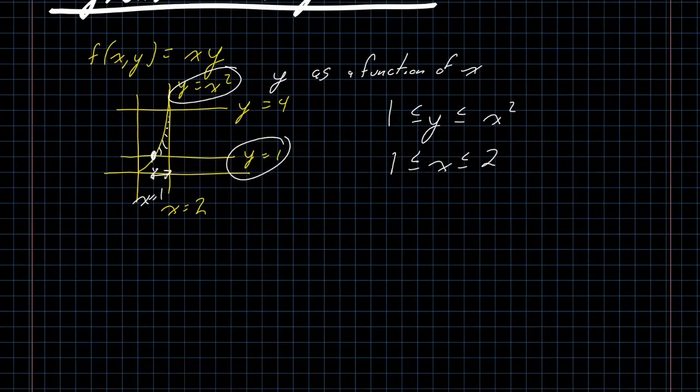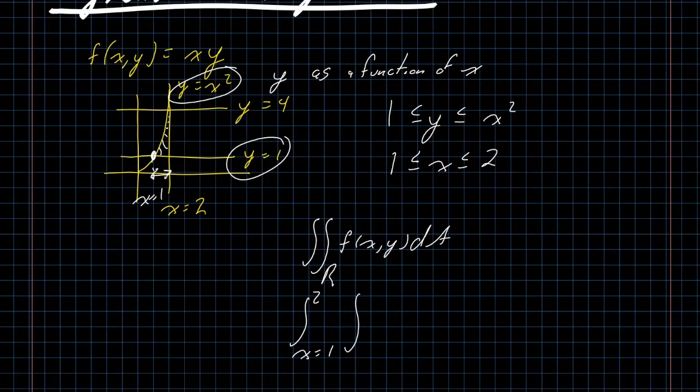So with that, we can set up our integral over this region of f of x and y dA is the integral. X goes from 1 to 2 of the integral y goes from 1 to x squared of xy dy dx.